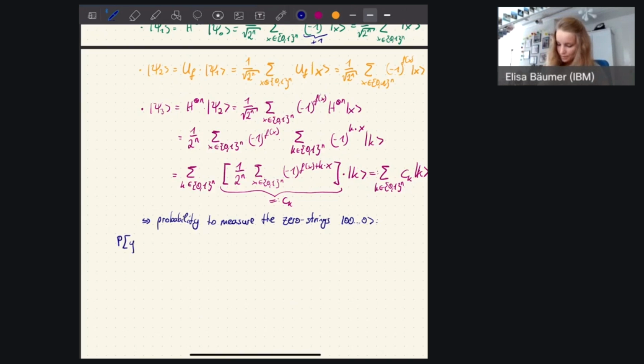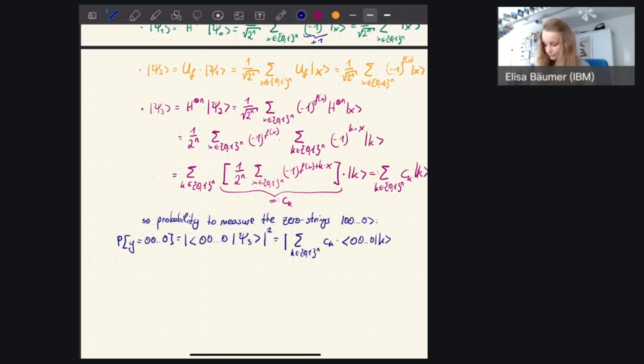So the probability to measure y to be just zeros is, by the Born rule, given as the projection onto the 0-bit string: the inner product of psi3 and 0, absolute value squared. We can now put in our psi3 here. Then we get the sum over all k, with ck times this projection, and this inner product squared.